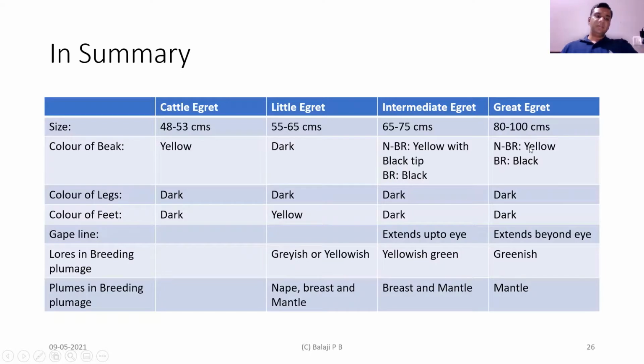In non-breeding, the beak color is yellow. In breeding, it becomes completely black. The color of the legs is dark. The color of the feet is also dark. The gape line extends beyond the eye. The lores in the breeding plumage are greenish, and the plumes in the breeding plumage you can only see on the mantle. You can't see them on the nape or the breast.